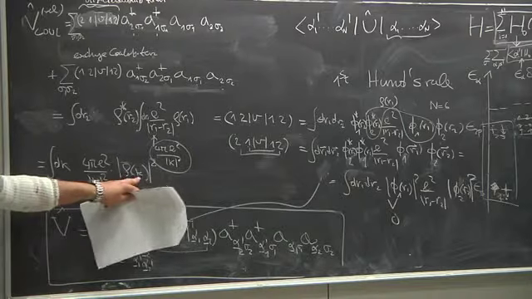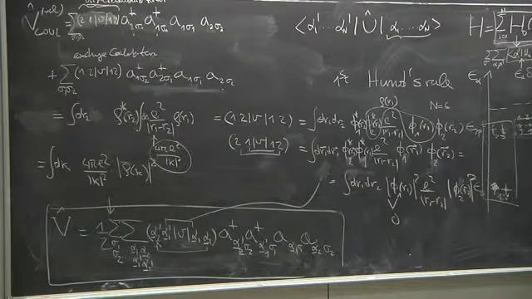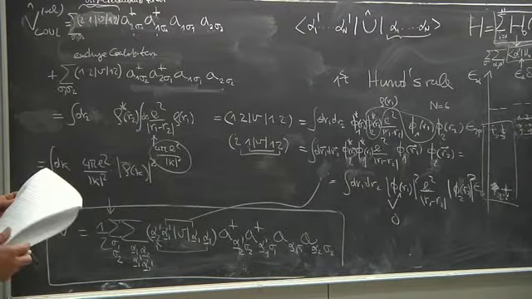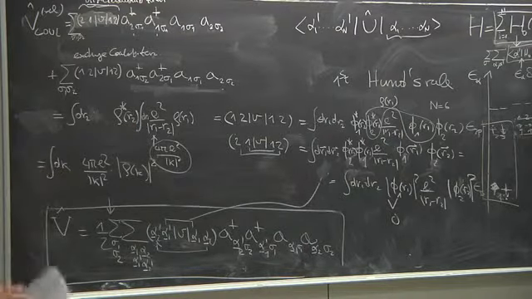But this is the Fourier transform of rho r. Please do it. It's very simple. Just introduce the Fourier transform and use the fact that in some sense you have convolutions. And this is the result, okay?